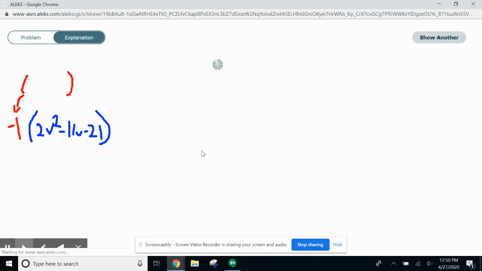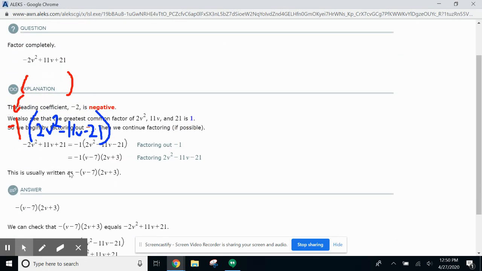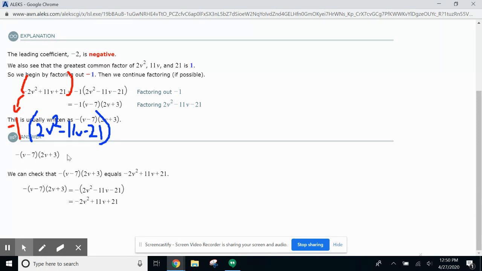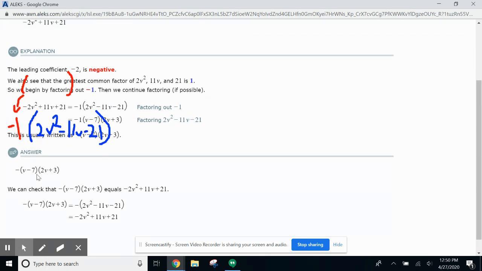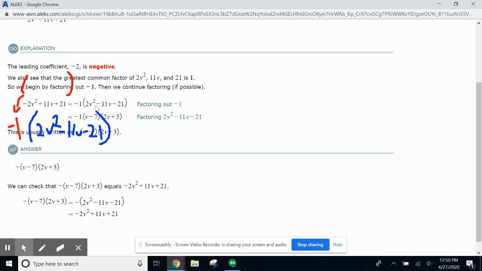And if you look at the explanation here, without me making you watch all of this again, we can factor and we get an answer with a negative out front and then these 2 on the inside. And if you can see this step here, let me use another color to make it obvious. This step here is what we got when we did it ourselves.